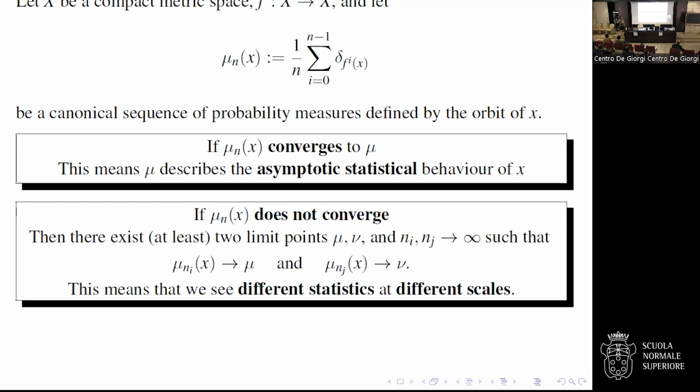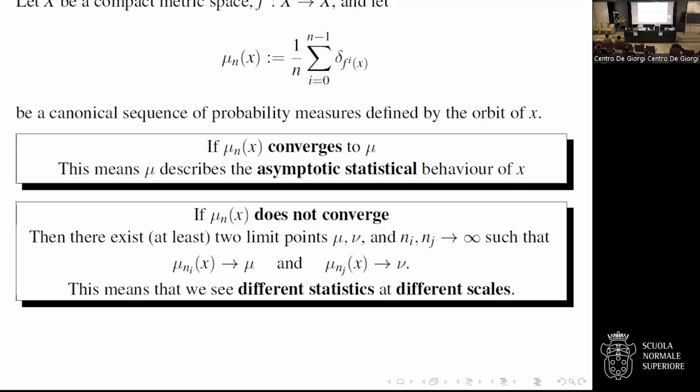However, you may also have situations where mu_n does not converge, right? And this is a more curious, but also in some sense very interesting situation when you really think about what that means, right? So the non-convergence of this means that you have several limit points. So assuming that you're in a compact space, then limit points always exist, right?